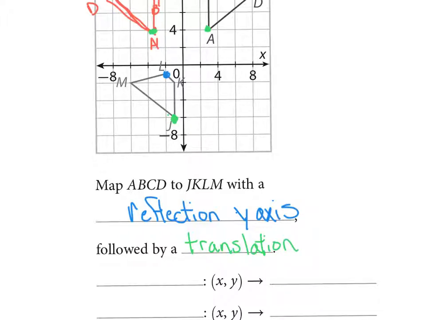I would go over 2 and down, let's see, these go by 2, so 2, 4, 6, 8, 10.